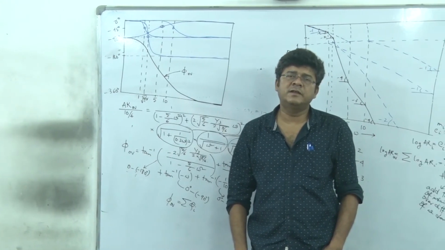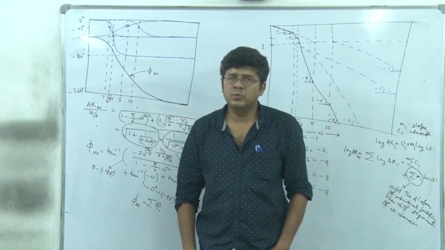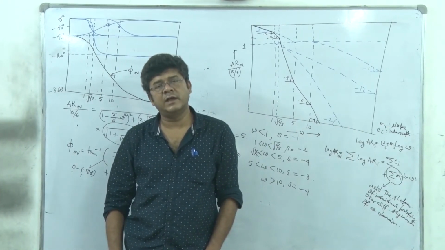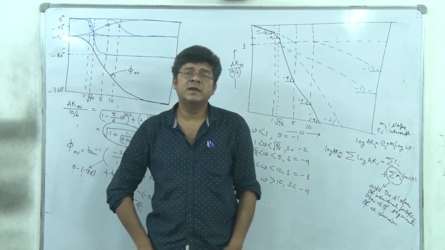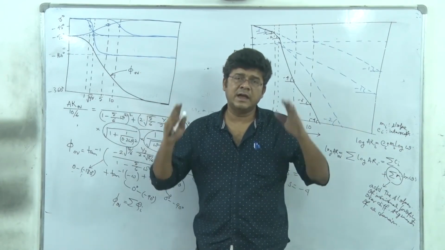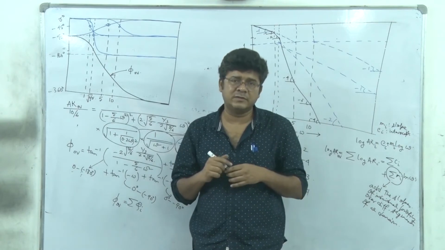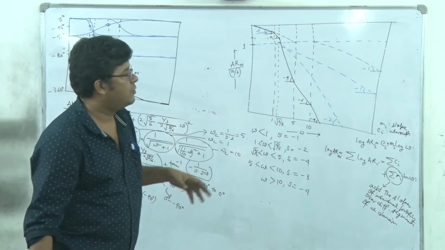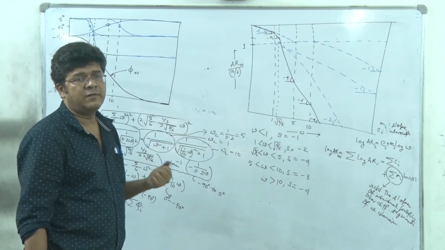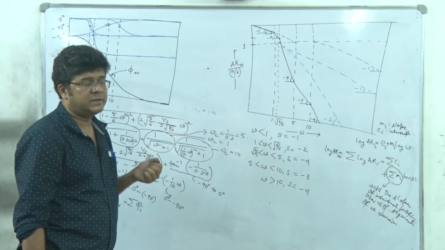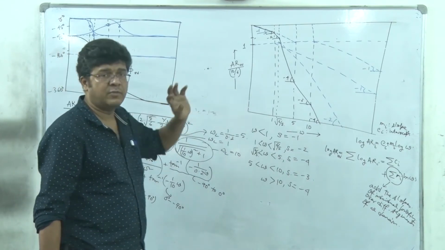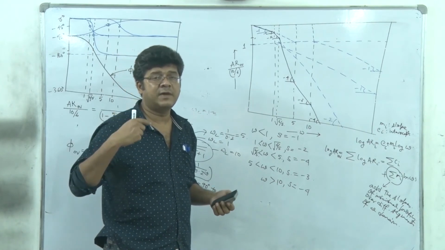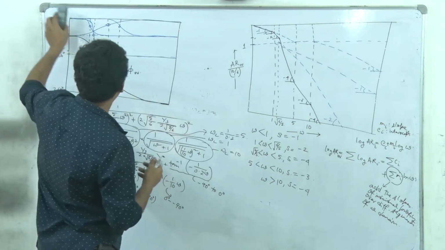So it is typically the locus of G(j omega) as omega varies from 0 to infinity in the Argand diagram, that is real axis, imaginary axis, two-dimensional space. So there, if I plot the locus of G(j omega), we will be getting the combined information of the two Bode plots. But definitely the Nyquist plot is difficult to retrieve exactly in terms of amplitude ratio and phase shift. So let's see.